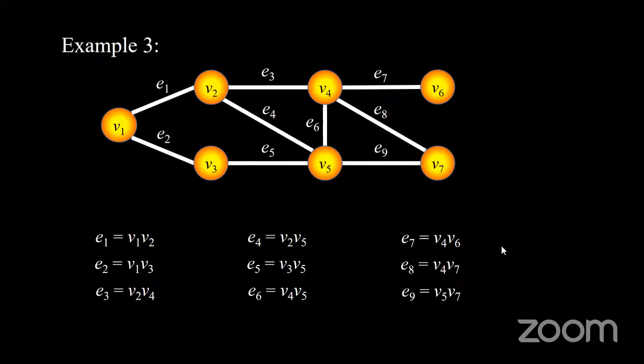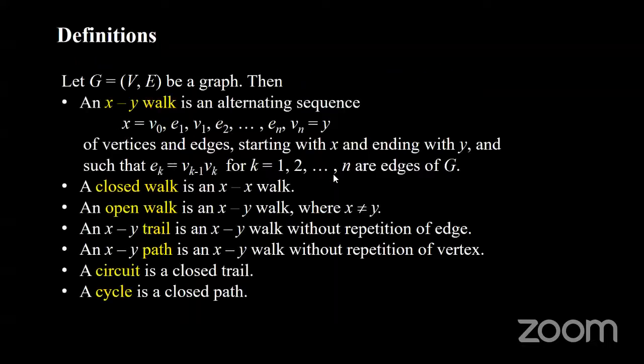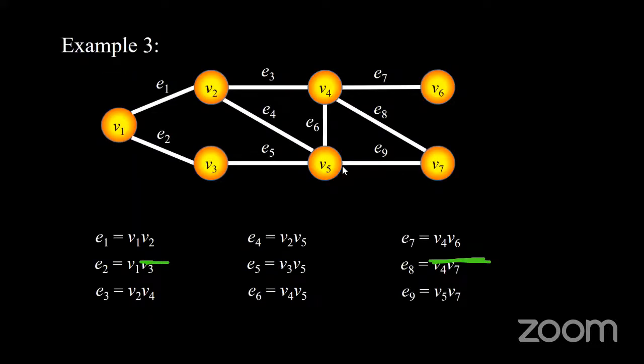What is a path again? Here again, so that is a path here. A path has no repetition of vertex. Okay?